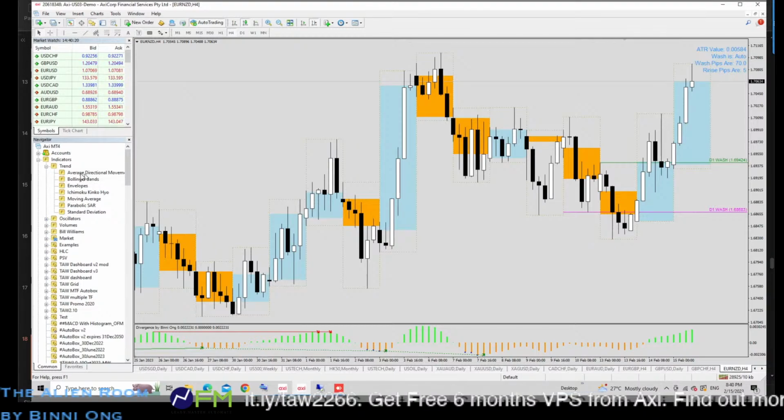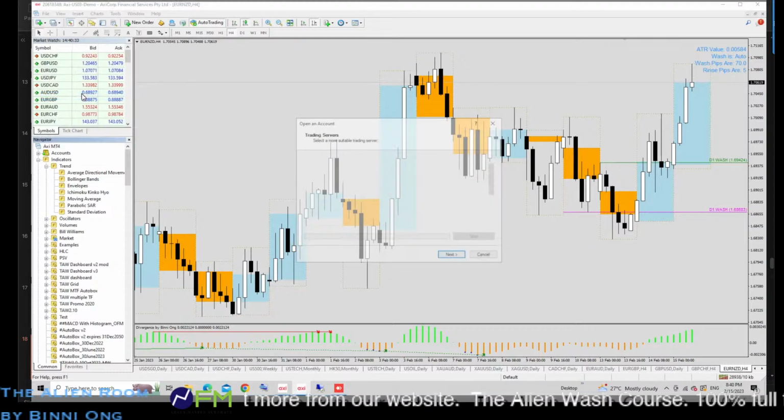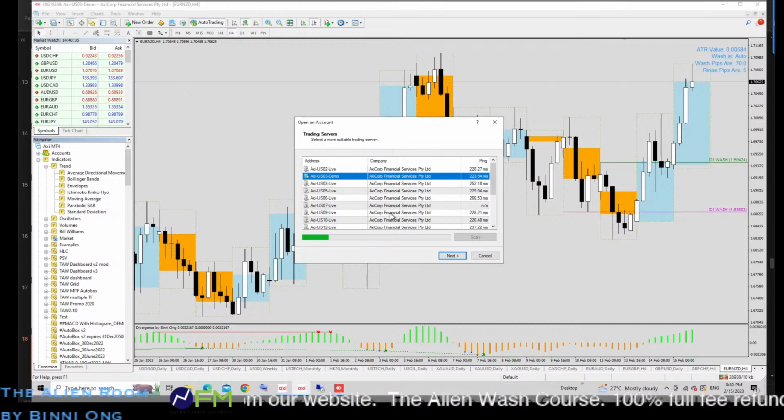So let's say, for example, if I want to have a demo account, just go to File, and then Open an Account. Then you can just get a demo account from XE. See this demo here, US03 demo.